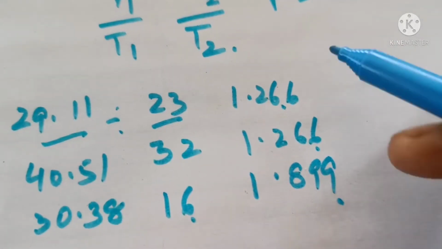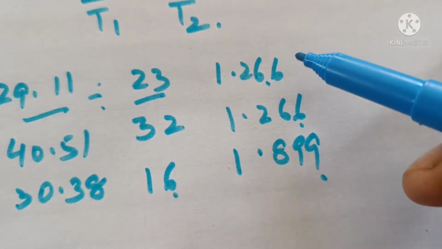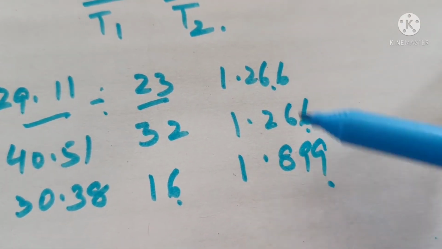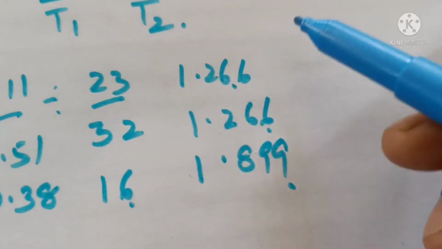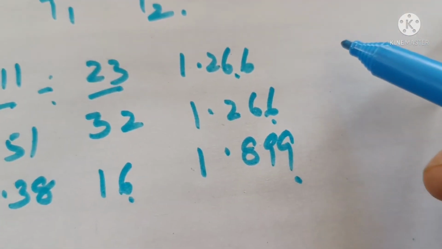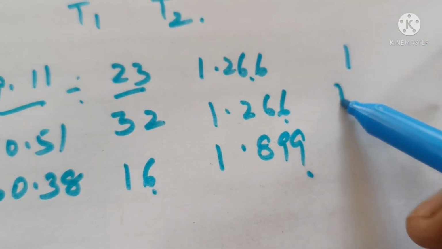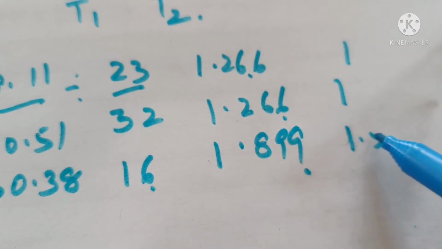Now we divide each by the smallest of these values. So 1.266 divided by 1.266 is 1, this is also 1, and this is 1.5.